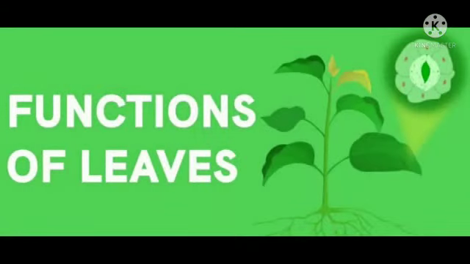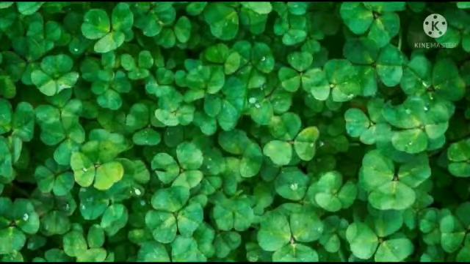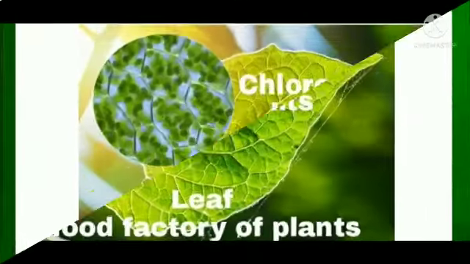Now let's see what are the functions of a leaf. Children, we know that green plants make their own food, right? Can you tell me which part of a plant prepares food? Yes, the leaf of a plant makes food. Leaves prepare food for the whole plant.